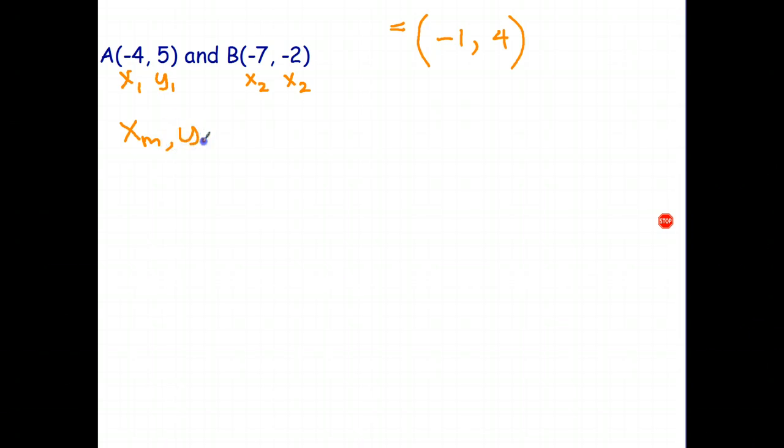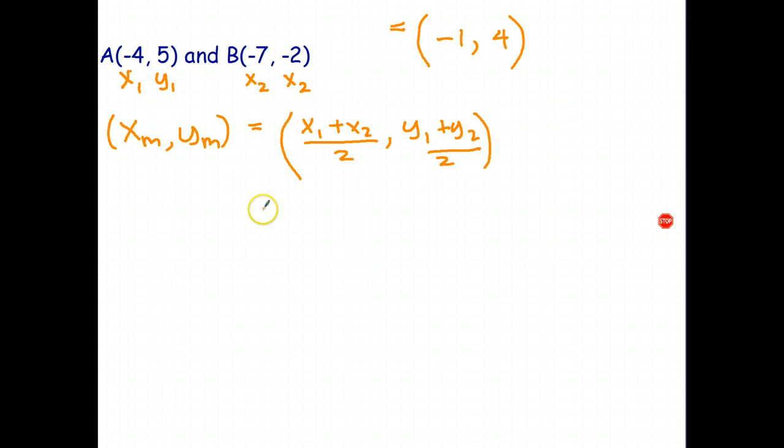The coordinates of the midpoint, x sub m, y sub m, equals x sub 1 plus x sub 2 all over 2. That's the x-coordinate. And y sub 1 plus y sub 2 all over 2 is the y-coordinate.